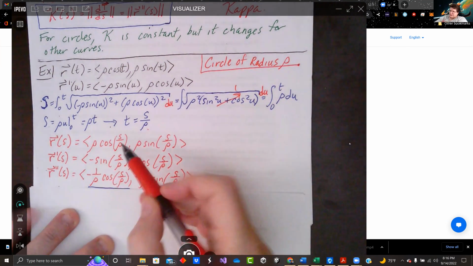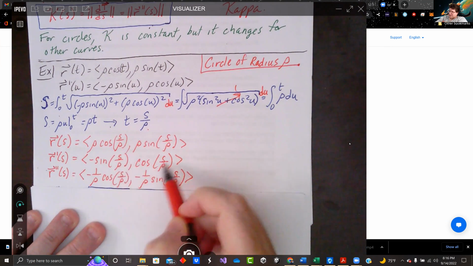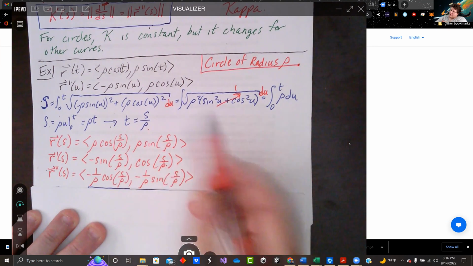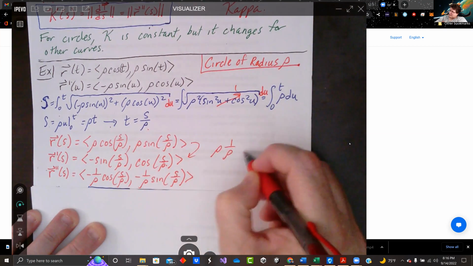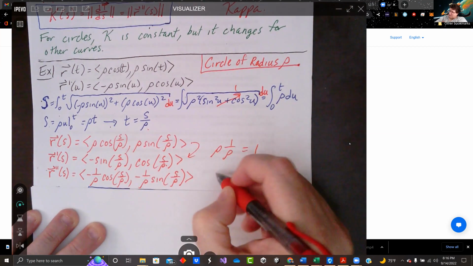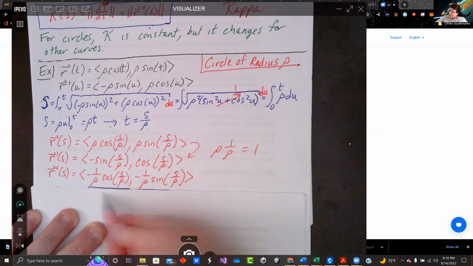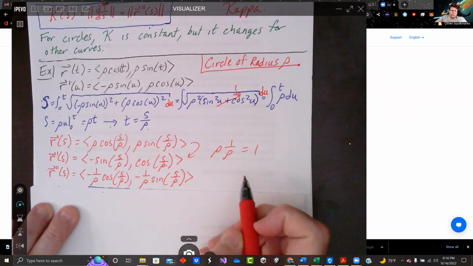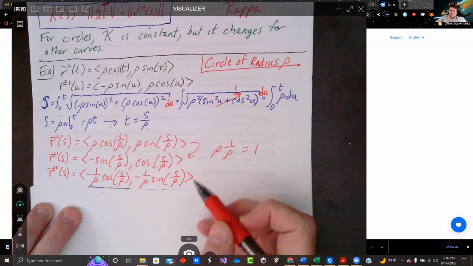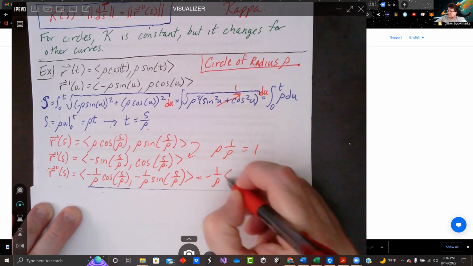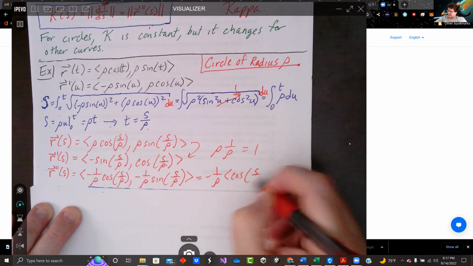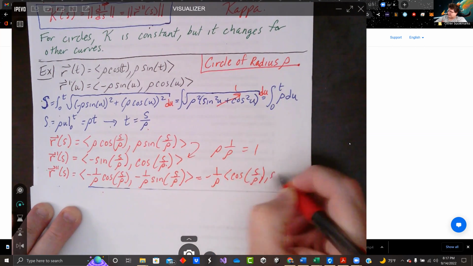Each time we take the derivative, a 1 over rho comes out from the chain rule. The first time, the rho and 1 over rho cancel. The second time, we are stuck with a 1 over rho that doesn't cancel with anything. So r double prime of s is negative 1 over rho times cosine of s over rho, sine of s over rho.